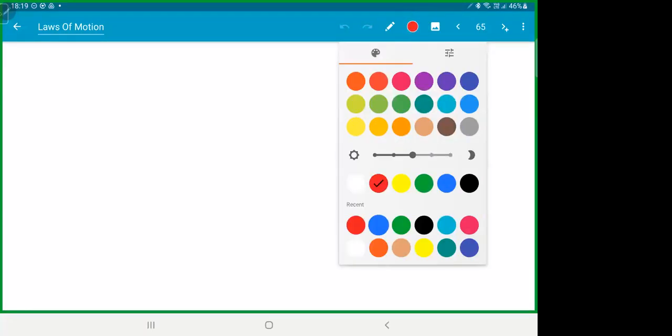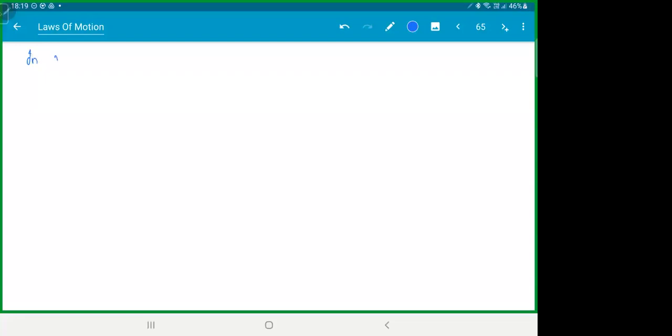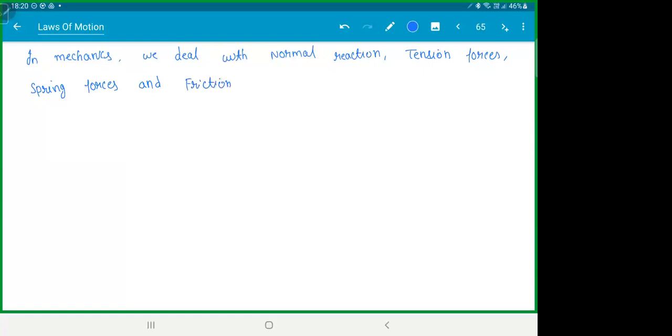Now in mechanics, we deal with normal reaction, tension forces, spring forces, and friction. Now friction, we have a separate chapter for it. We will deal with that later on. Spring forces we'll do at the end of the chapter. So currently our main focus will be on normal reactions and tensions.